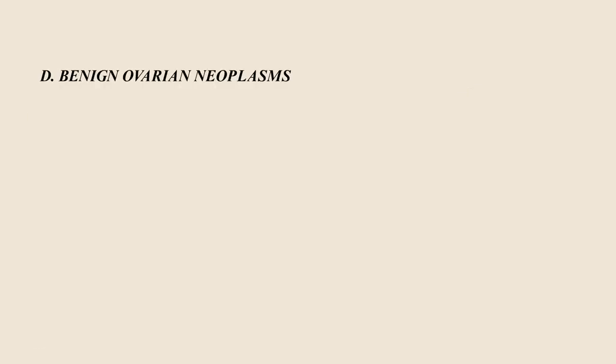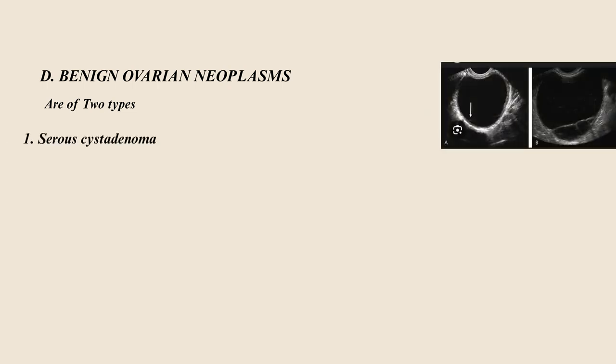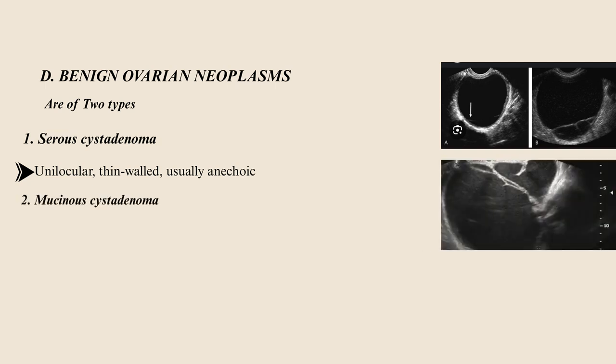Benign ovarian neoplasms are of two types. Number one, serous cyst adenomas, which are unilocular, thin-walled, and usually anechoic. Then is mucinous cyst adenoma, which is usually multiloculated with fine septations, and it is usually large in size.